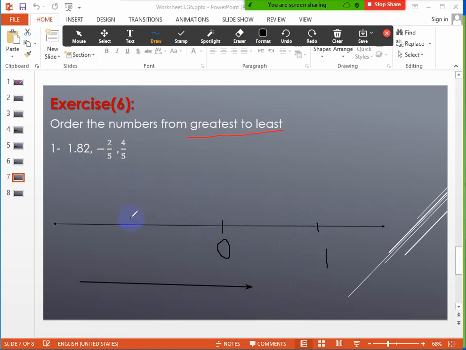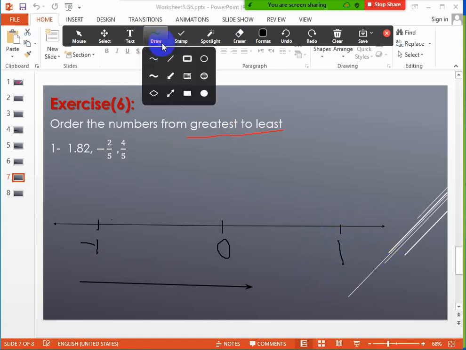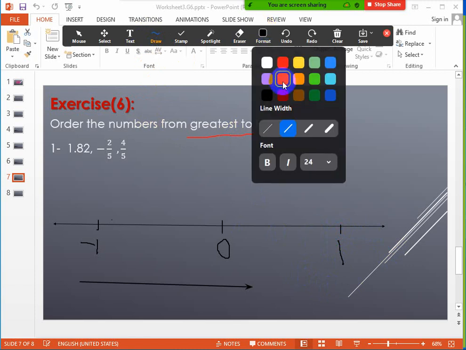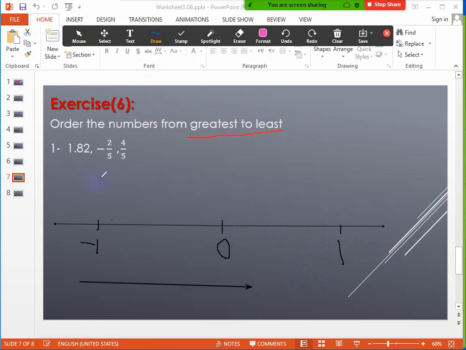And this is negative 1. And this is negative 1. Okay. And this is 1. Now I want to locate 1. Okay, I will extend the number line.